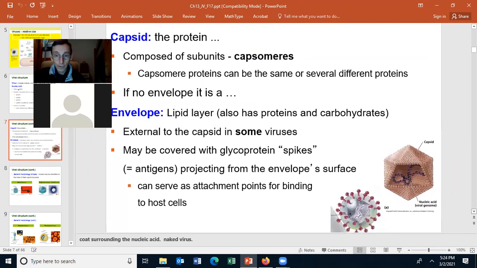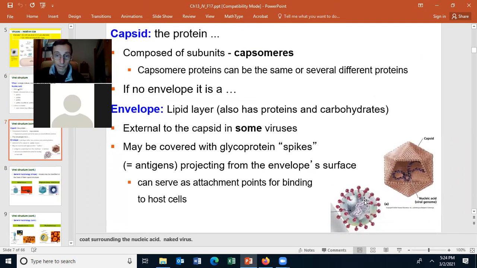So this is showing you the protein spikes on the enveloped virus, and you only find the protein spikes on an enveloped virus.